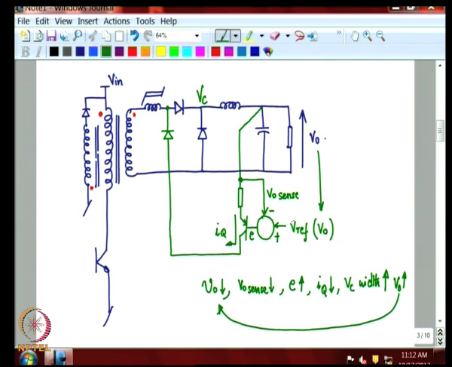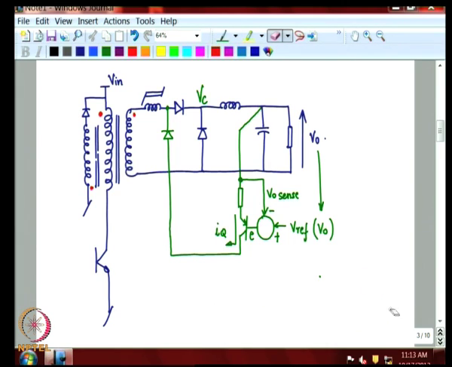Now, let us say we can try to implement this with an OpAmp. So, let me make some space here. Let me try to implement this portion with an OpAmp.